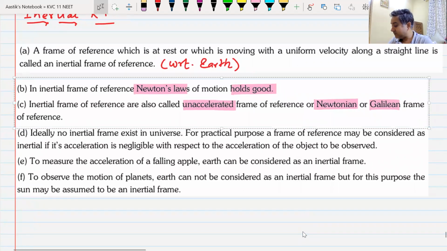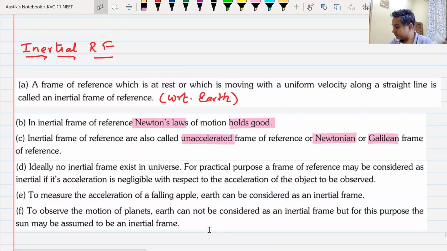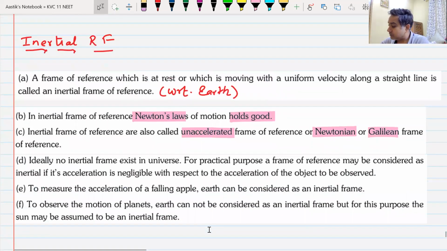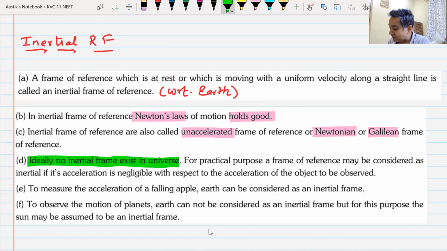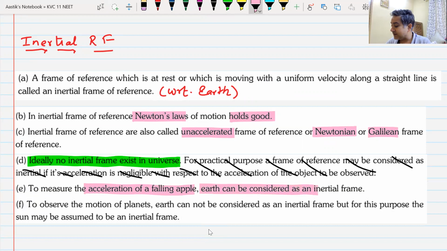The first line of the next point says, ideally, no inertial frame exists in the universe. This is the only point that you need to write. Rest is all explanation of this point. No inertial frame actually exists in the universe. But for any motion on Earth, Earth can be taken as an inertial reference frame. Do we understand this?